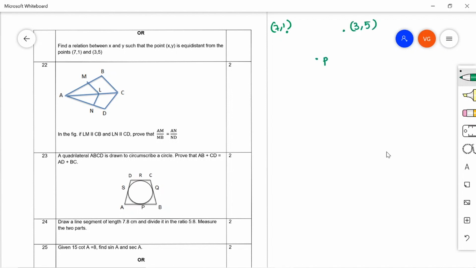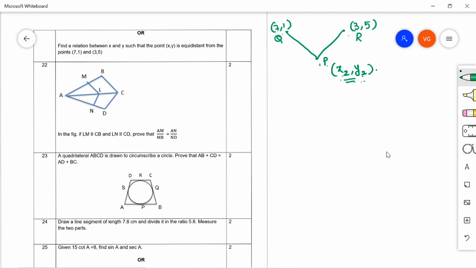So you have a point P, which is at equal distance from these 2 points. Suppose say this be Q and this be R. And let us say this comma something x2, y2. Okay. So the distance between PQ should be equal to PR, and we have to find out the relationship between this x2 and y2. Or else you can take it as x comma y.